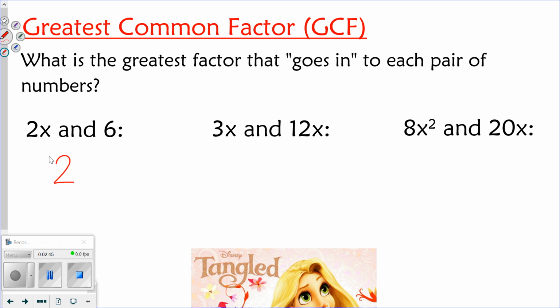What about between 3x and 12x? 3x. 3 is the biggest number that goes into both, and they both have an x. What about between 8x squared and 20x? It'd be 4x. Good. 4 is the biggest number that goes into both. And then why is it not x squared? It doesn't have an x squared, right?